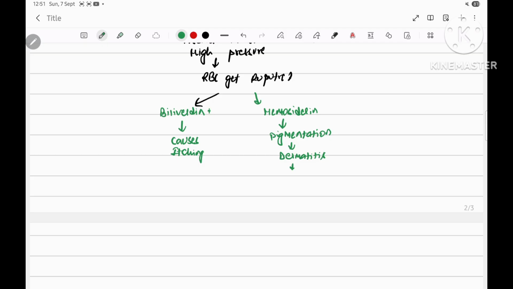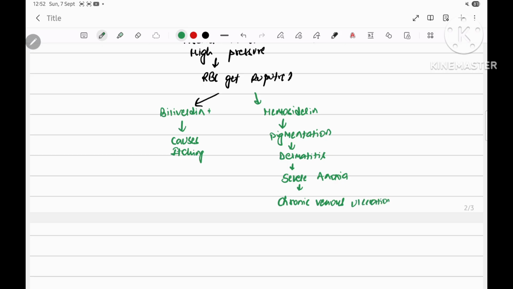When there is dermatitis, inflammation, then capillary endothelial damage starts occurring, which leads to the prevention of diffusion and exchange of nutrition between the cells and tissues, due to which there is severe anoxia. If there is less supply of oxygen, then chronic venous ulceration can occur, and an ulcer can be formed.